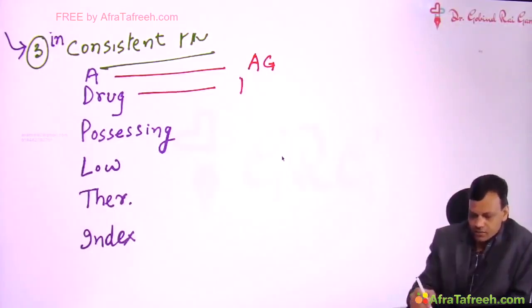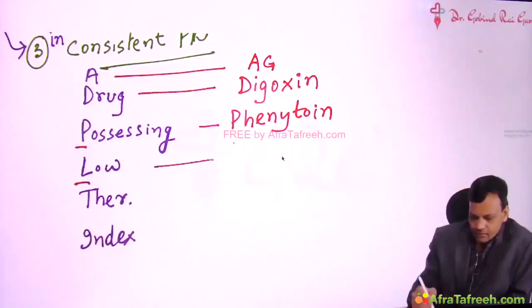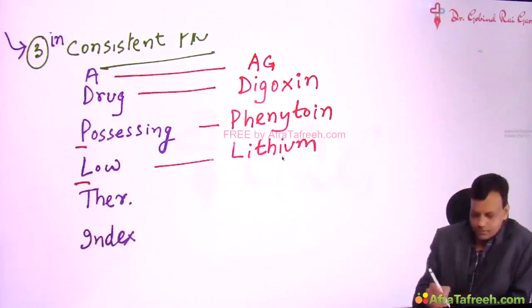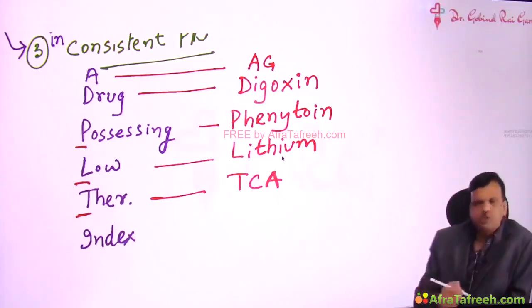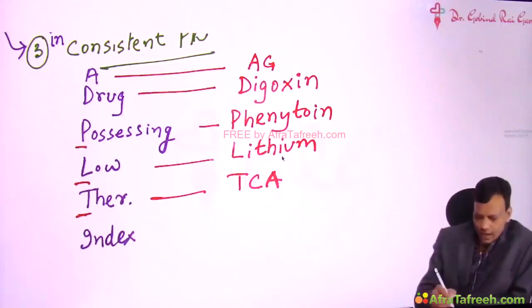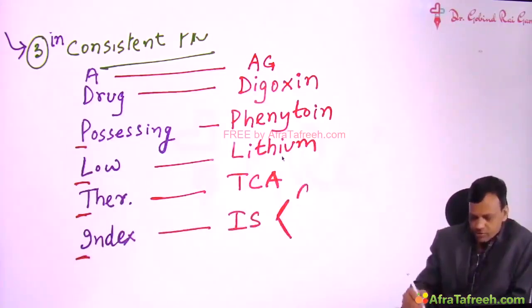D for digoxin, which is used for congestive heart failure. E for phenytoin and other anti-epileptic drugs, most of the anti-epileptic drugs. L for lithium, which is used for mania and bipolar disorders. T for tricyclic antidepressants, which are not commonly used these days because of toxicity. And I for immunosuppressant drugs like cyclosporin and tacrolimus.